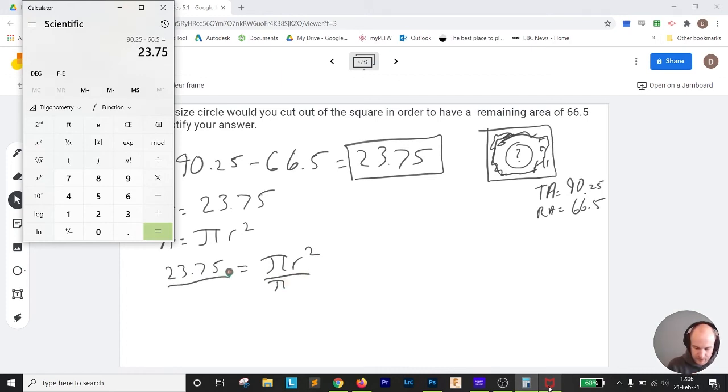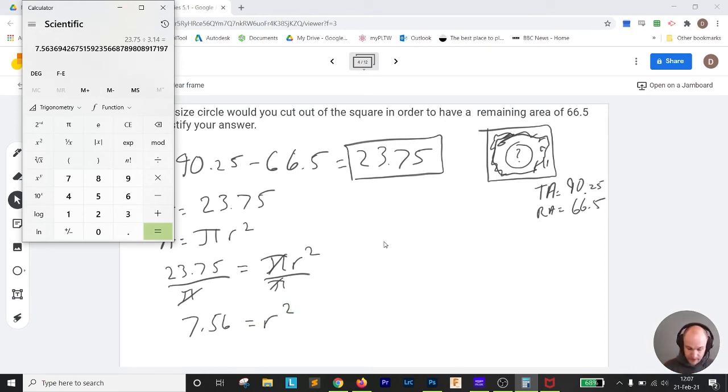We can divide both sides by pi, which will get rid of pi. So 23.75 divided by 3.14 for rounding purposes. This is going to leave us with 7.56. Then we'll leave it there. 7.56 equals radius squared.